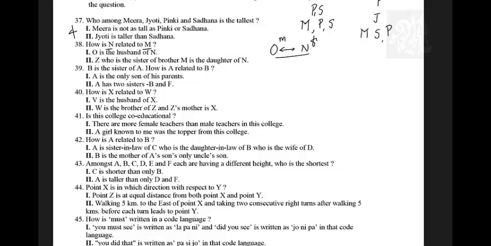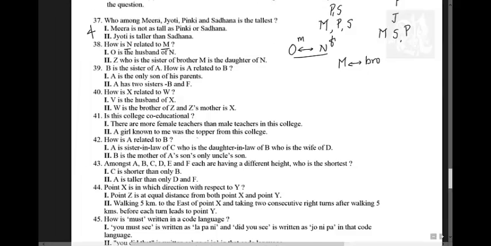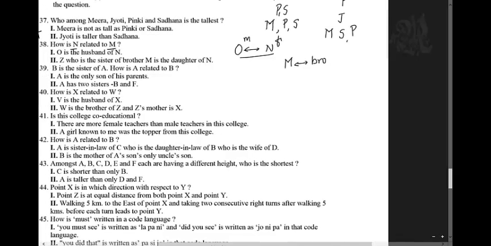Let's look at that alone. Z is a sister of brother of M. So M's brother's sister is Z, which means Z is M's sister.